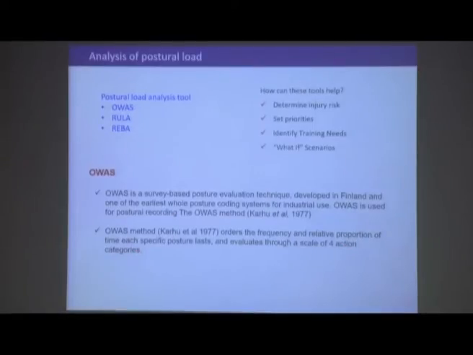First we have to evaluate the posture and find the score as per this OWAS technique, and based on the score we can go for recommendation. There are 4 action categories. Based on the score, we have to select which action category will be implemented for that particular posture.